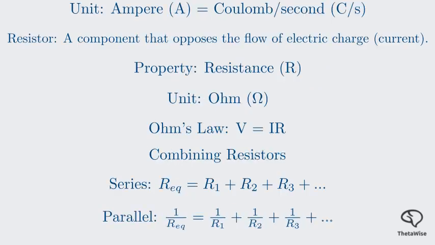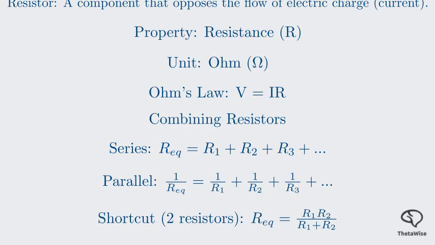In a parallel circuit, resistors are connected to the same two points, creating multiple paths for the current. Here, the reciprocal of the equivalent resistance is the sum of the reciprocals of the individual resistances. For just two resistors in parallel, a handy shortcut is to use the product over sum rule. R-equiv equals R1 times R2 divided by R1 plus R2.